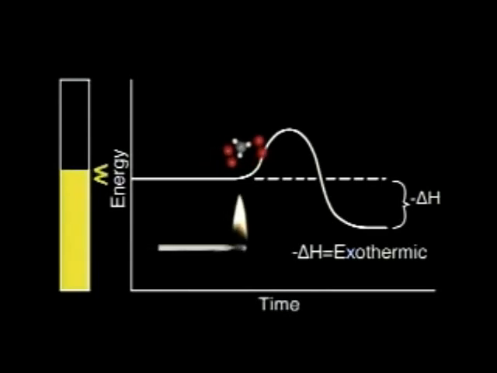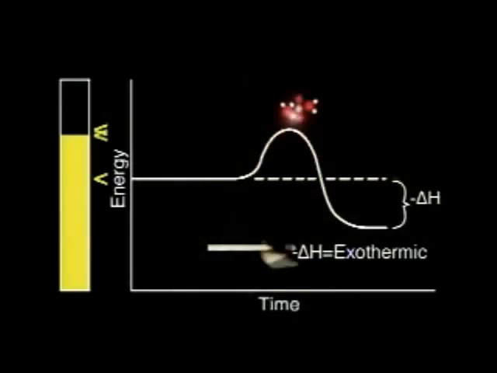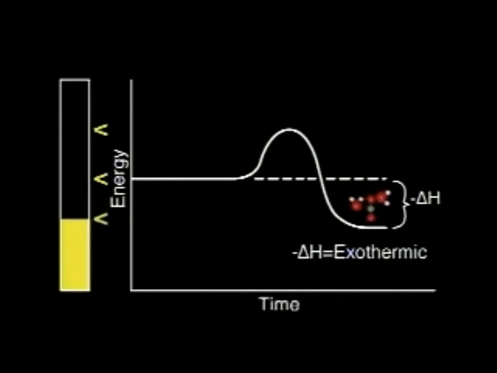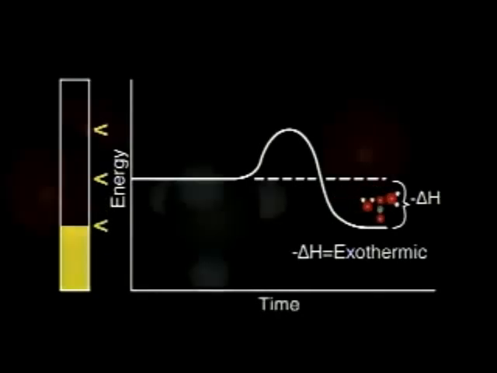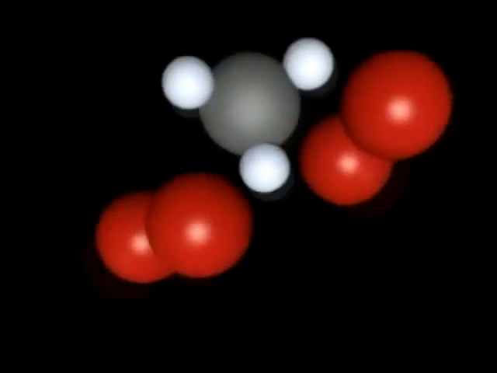A flame provides this activation energy, and the bonds break and new ones form in an exothermic reaction that releases energy. Now the energy released supplies the activation energy to other molecules and the mixture explodes.